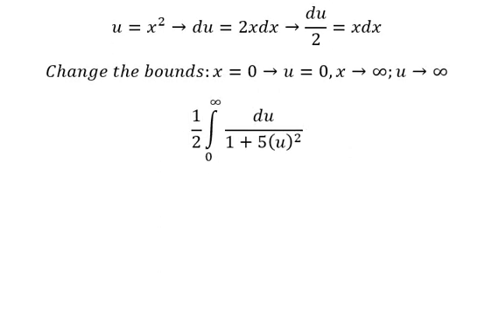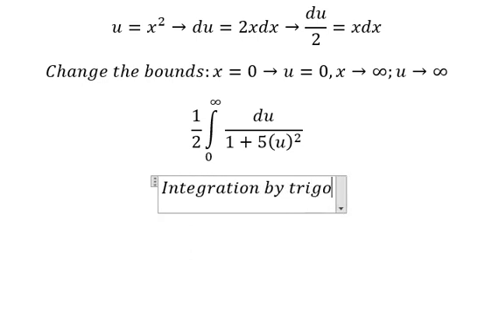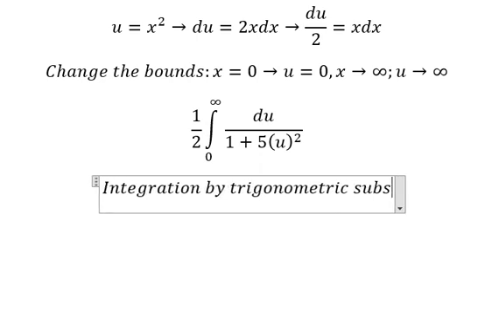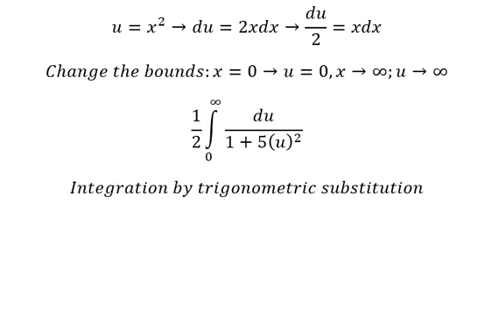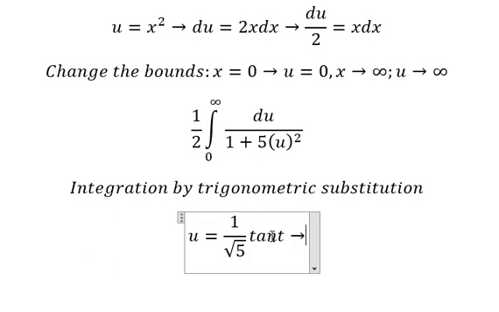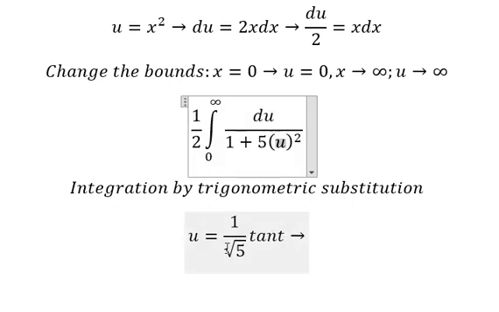Next, we can use integration by trigonometric substitution. So I will put u equals 1 over the square root of 5 tan t, because if I put this one in here, we have 1 over 5 tan t squared.